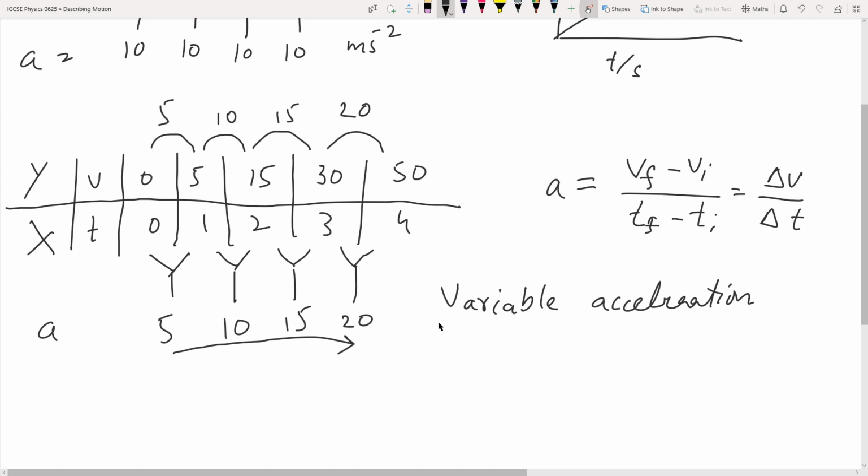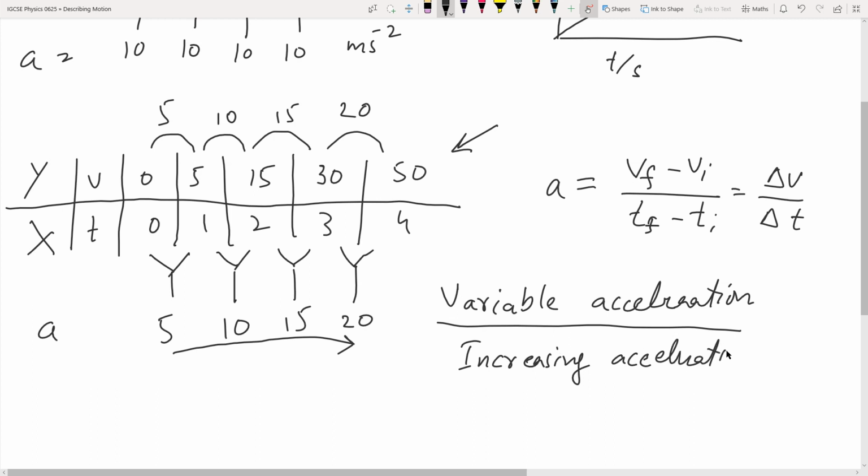As the speed is increasing, but just look at the values now, right? This is variable acceleration, but this is increasing acceleration. Why? Because the value for acceleration is also increasing from 5 to 10, then 10 to 15, and 15 to 20, right?